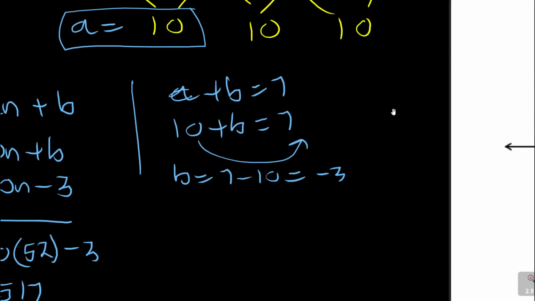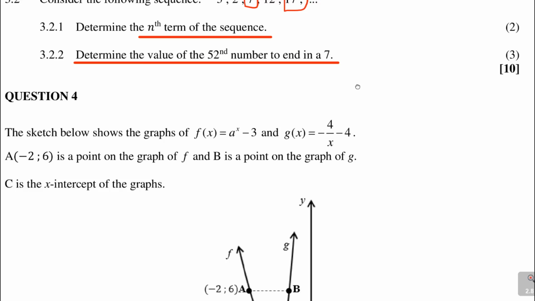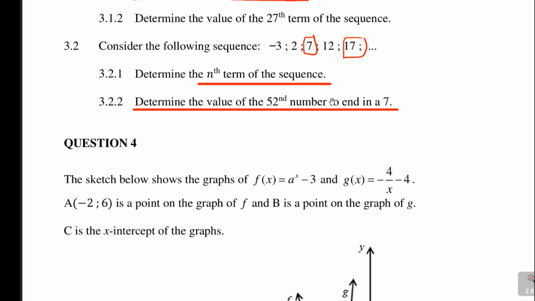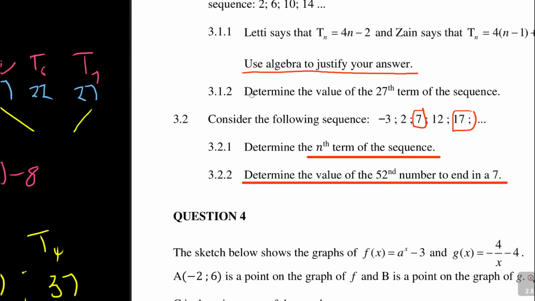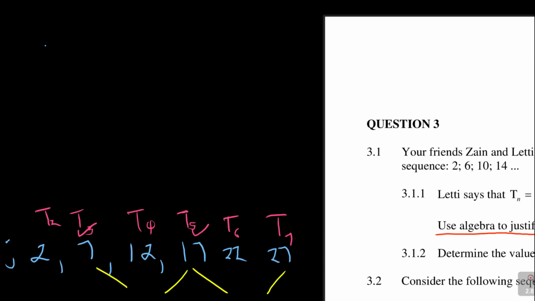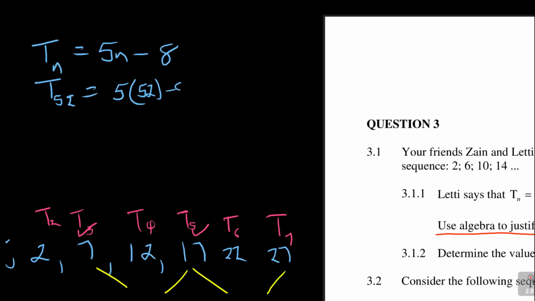It was a bit trickier, not making sense in a way to me. But yeah, that is that, because I hope it's clear, because determine the 52nd term. If we put 52 here, for example, the previous one was 5n minus 8. We say T52 is equal to 5 times 52 minus 8.